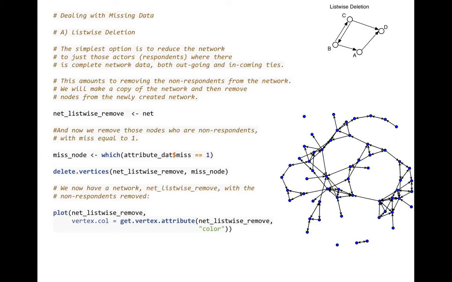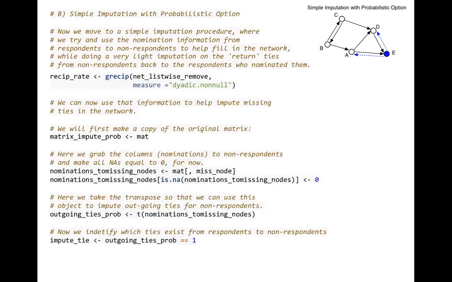There's not as strong of a group structure, and it just looks less interconnected. And so clearly, there's a consequence to taking out these non-respondents. We're getting a distorted picture of the network. And in general, listwise deletion is probably the worst choice you could make in terms of dealing with missing data. Second one, a little better.